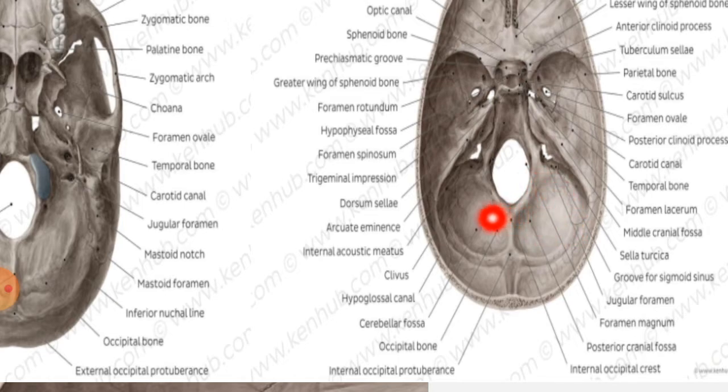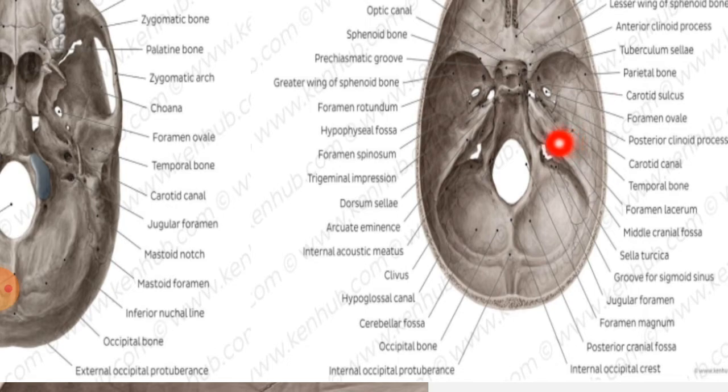Okay, this one is the internal acoustic meatus, and the hypoglossal canal for the passage of the hypoglossal nerve. This is the jugular foramen, and this is for the passage of the internal jugular vein.